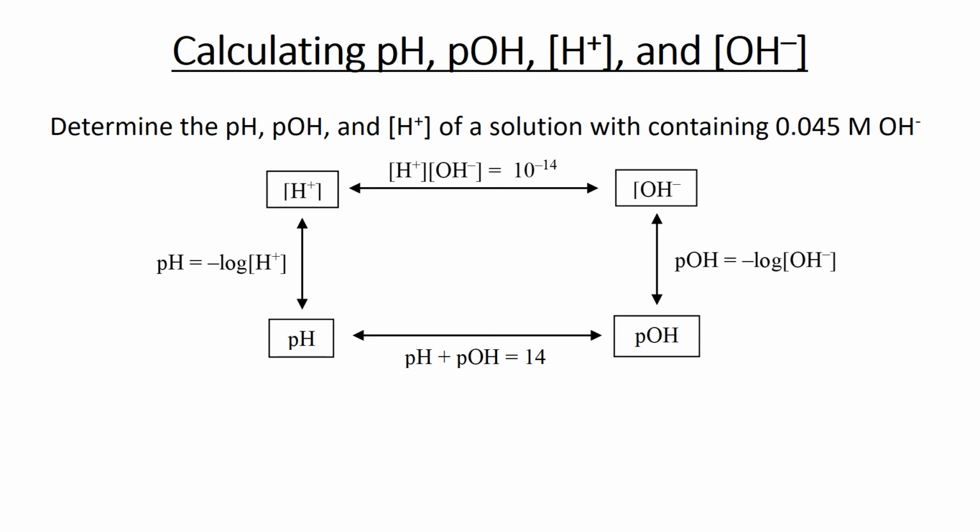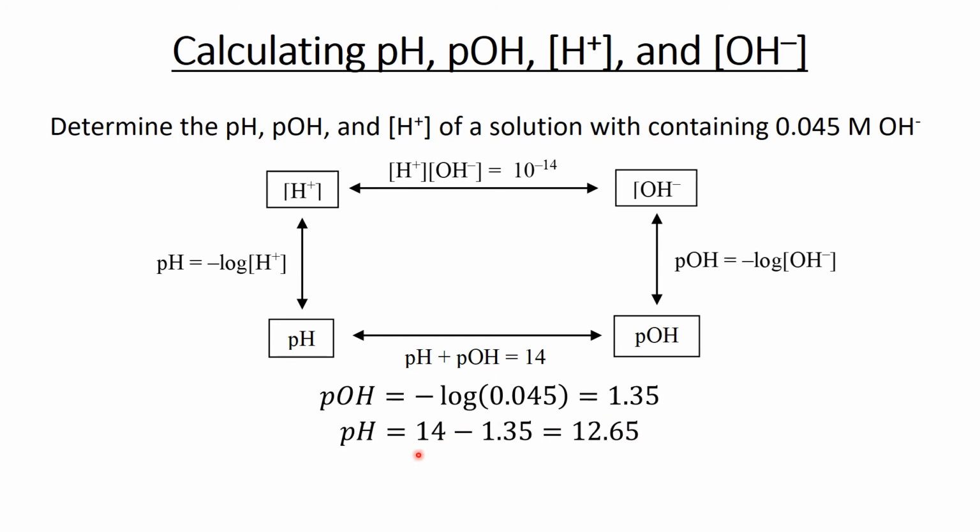Let's look at another example. So in this case, they want me to find the pOH, pH, and H+ concentration of a 0.045 molar OH minus solution. So first step, I'm going to find the pOH, which is just the negative log of the OH minus concentration, and that's 1.35.